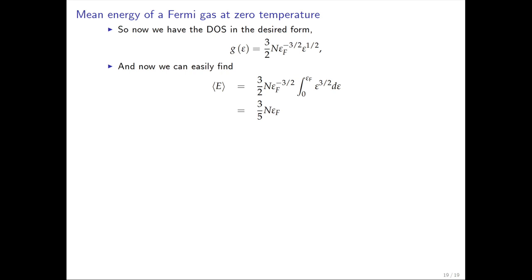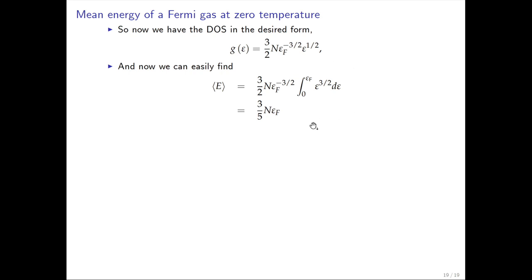Quite simple result. So that's a nice little trick, and using this form of density of states is very, very helpful in lots of calculations. We'll see it again, and you can go back and look and see how I did it.